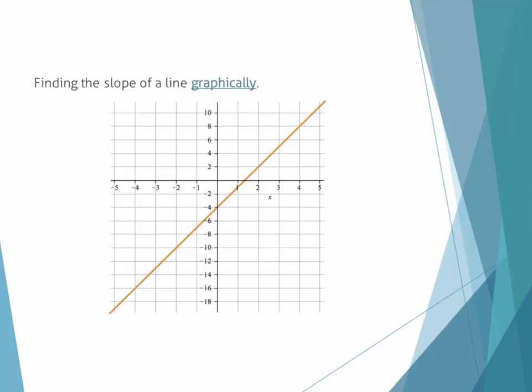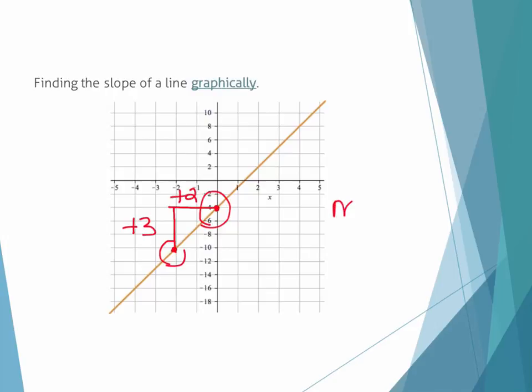Graphically, we just have to find 2 points on the graph that we can read very easily, and we're going to look at the steepness and direction. So let's look at first our change in y values, how steep the line is. To get from this point here to this point here, I need to go up 3 blocks and across 2 blocks.